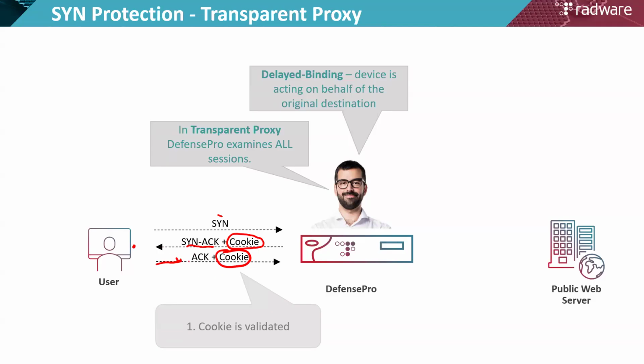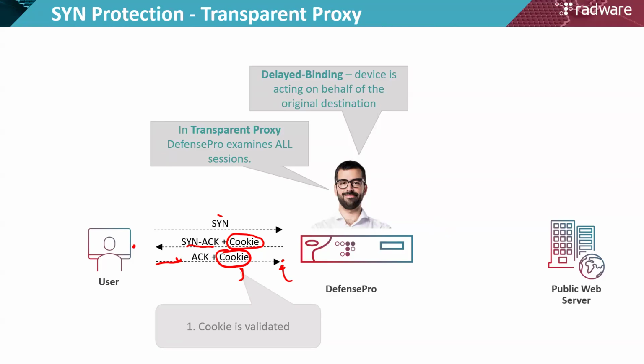If the user responds with an ACK along with this cookie value, then we will authenticate that particular client. So if the Defense Pro receives this response back, the cookie is validated, and the Defense Pro will allow the user to establish a backend connection with the server. The client is authenticated and can open the direct connection to the backend server.